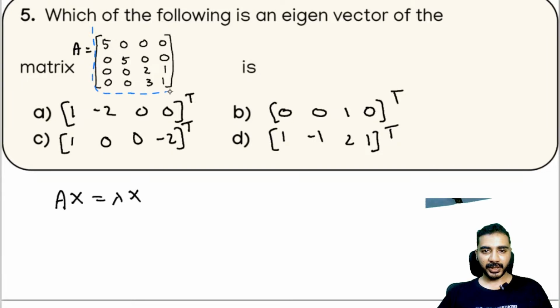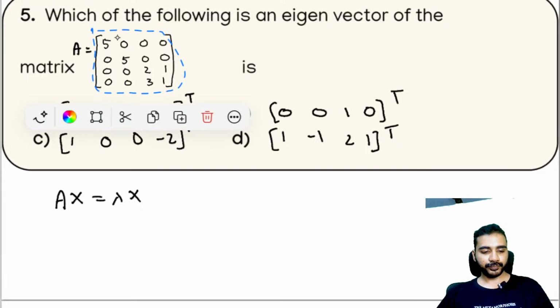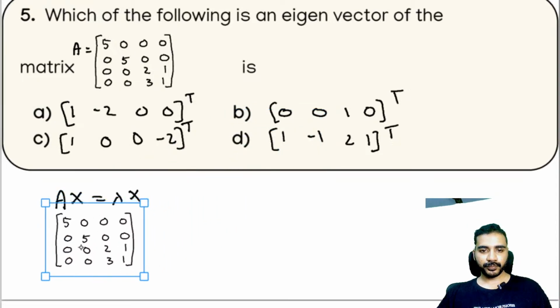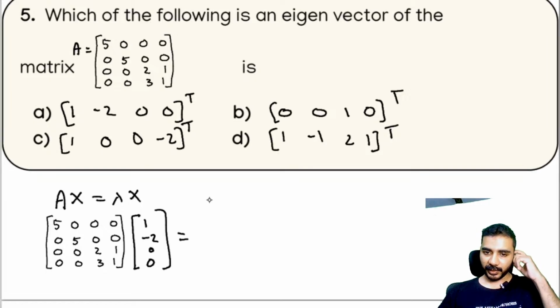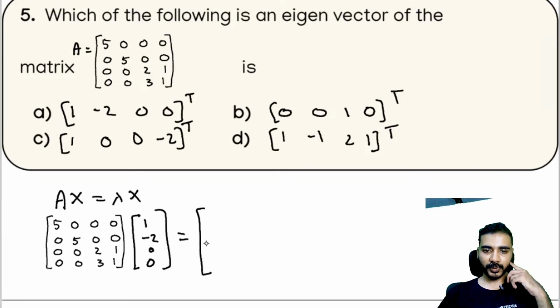So this is the matrix A. Then let me multiply with option A first. Option A is 1, minus 2, 0, 0. If I multiply this, the first element will be 5, next minus 10, then 0 and 0.